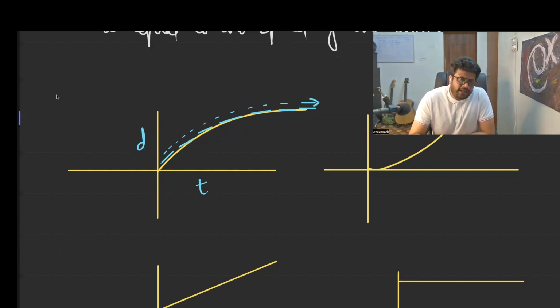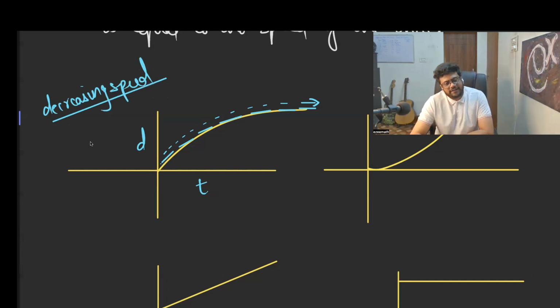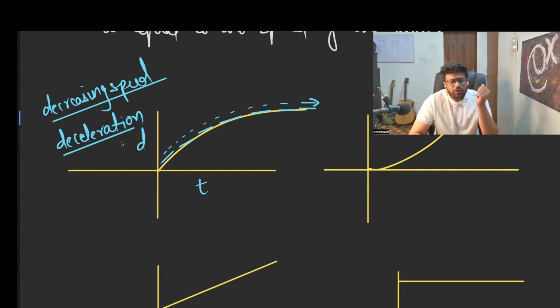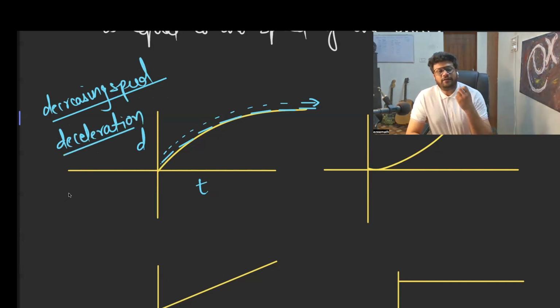That in itself is a decreasing speed being shown on a distance time graph. Decreasing speed is literally deceleration. So you're looking at a decelerated motion, a motion which has its speed reducing.